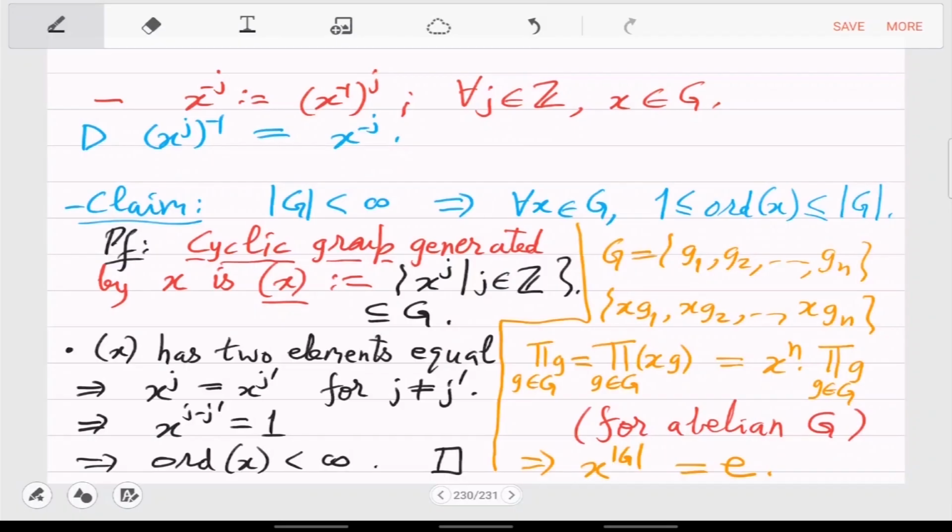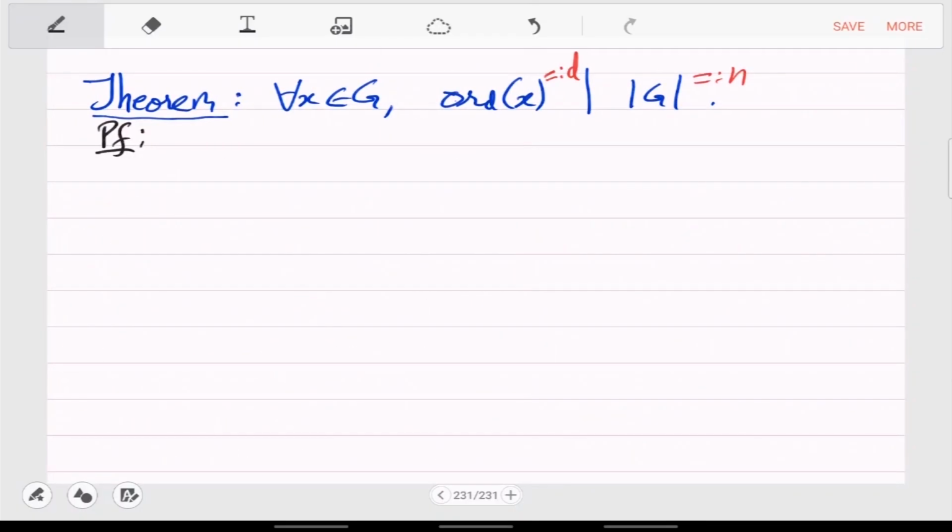But since we have condemned that line of argument, what will you do? Now we don't know why x to the g is equal to E, or whether it's even true for all x. So the question here is, you have to show that x to the n is E. If you can show that, then what you are saying can be done.